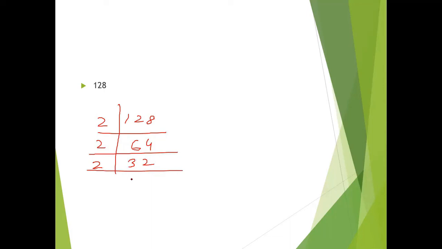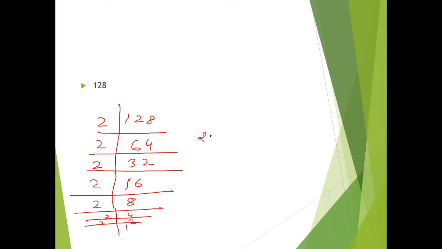Now 128, doing its prime factorization: 2, 64, again 2, 32, again 2, 16, 2 again, 8, 2 again, 4, 2 again, 2, and 2 one more time to get 1.